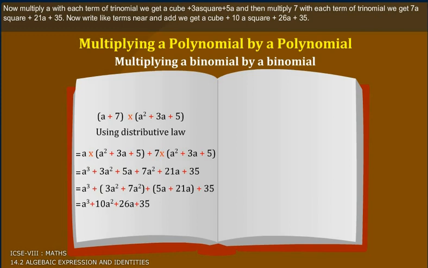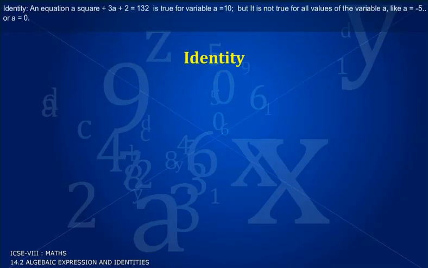Now write like terms near and add, we get a cube plus 10a square plus 26a plus 35. Identity.